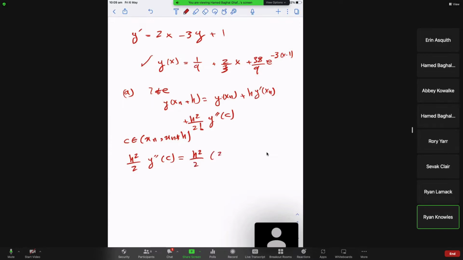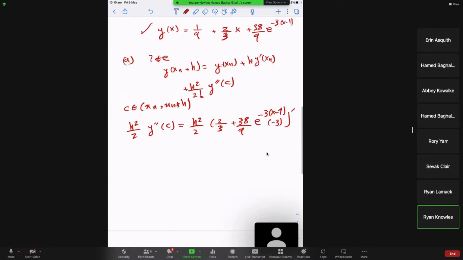So the first derivative of this is 38/9 times the exponential, whose derivative is itself, but the chain rule tells me there should be a minus 3.